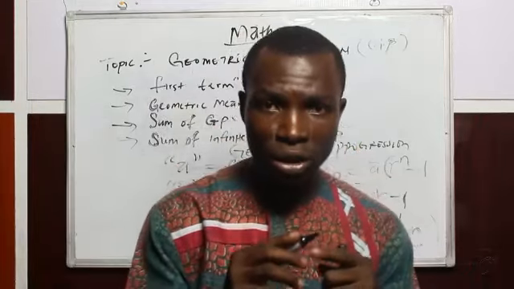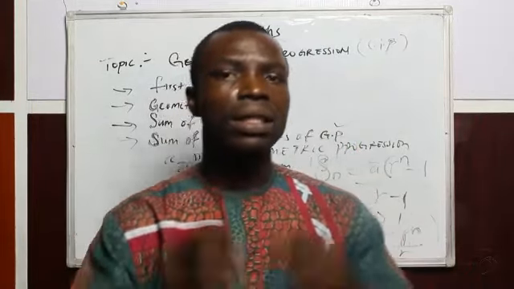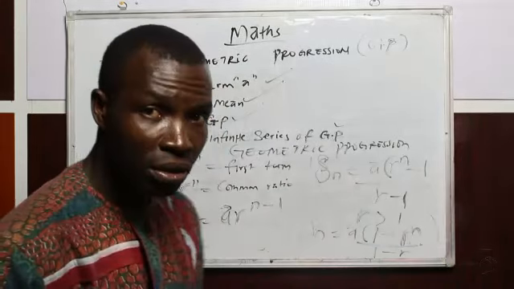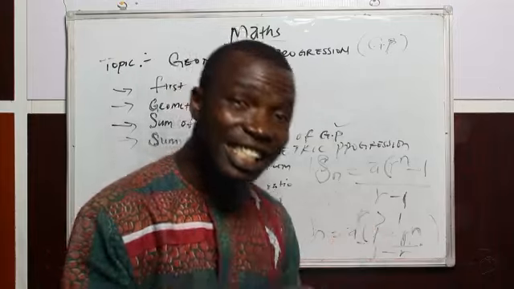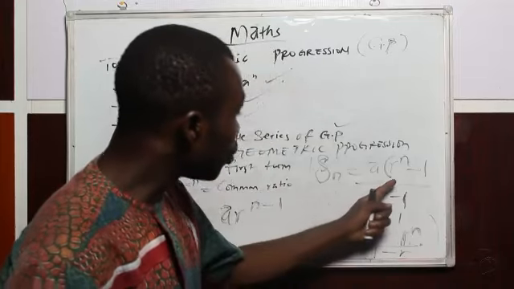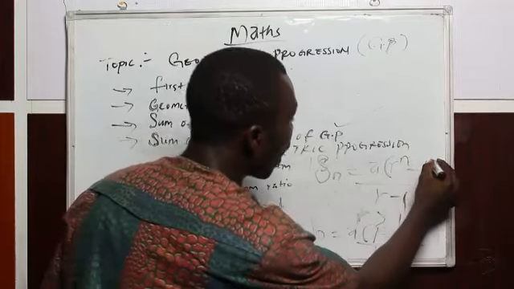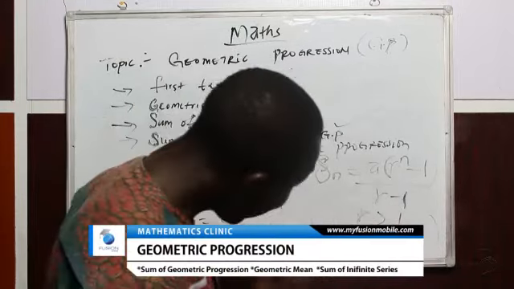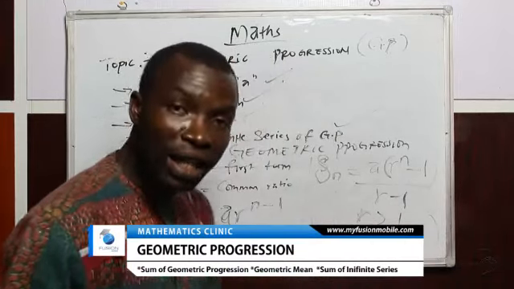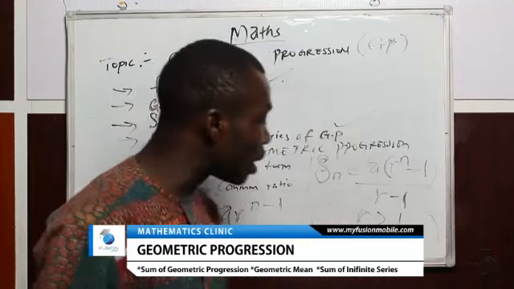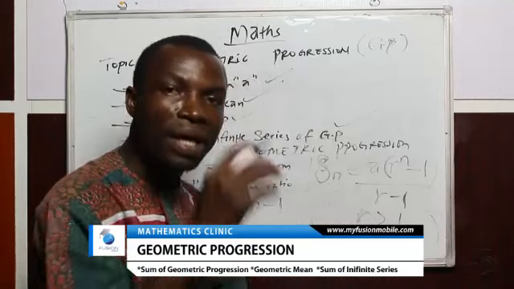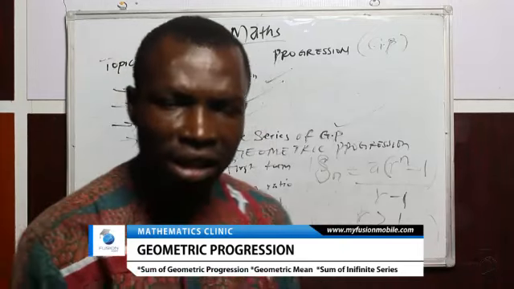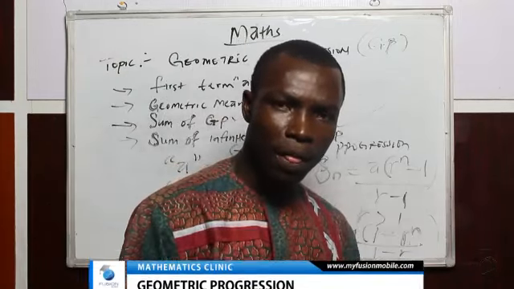If the common ratio is greater than 1, we use A bracket into r raised to power n minus 1 over r minus 1. If 1 is greater than the common ratio, then we use A bracket into 1 minus r raised to power n over 1 minus r. So this is the formula for the sum of a GP.